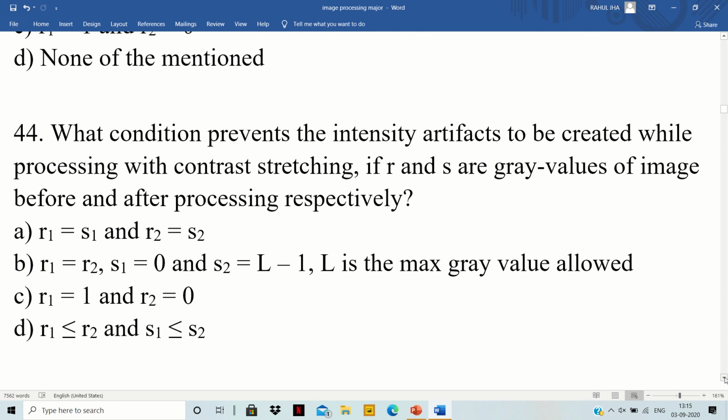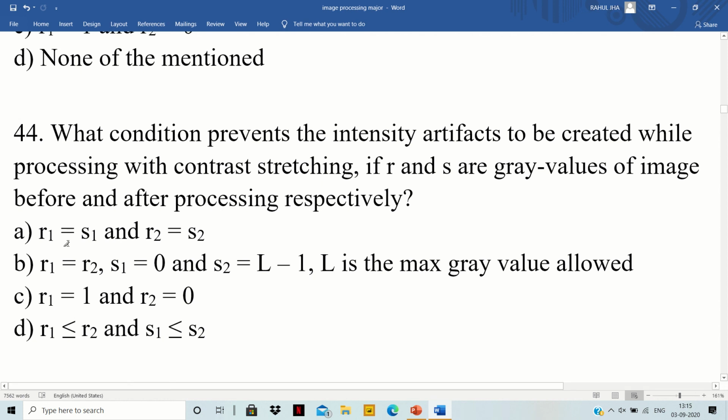If R and S are Gray values of image before and after processing respectively, there is one condition in all of them which will prevent the intensity artifacts from being created while processing, when we are using contrast stretching.